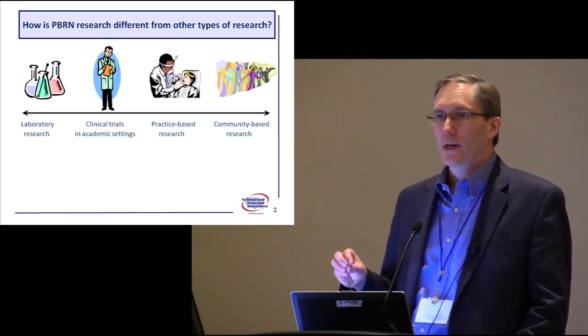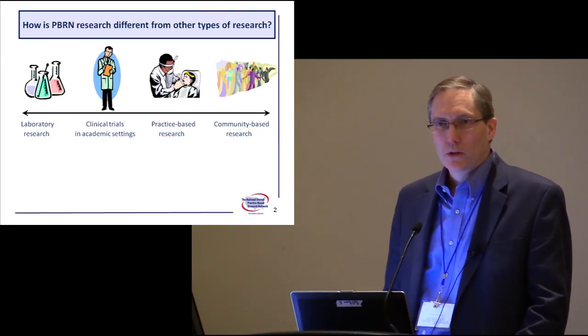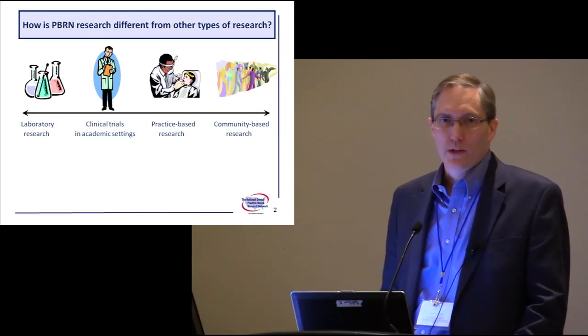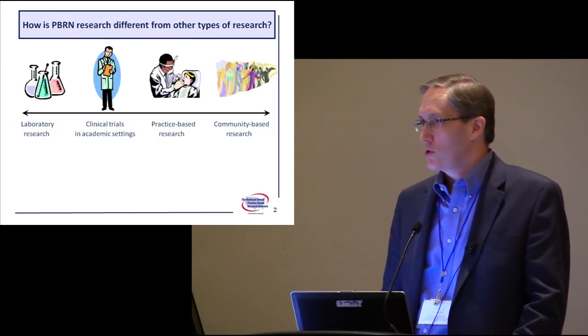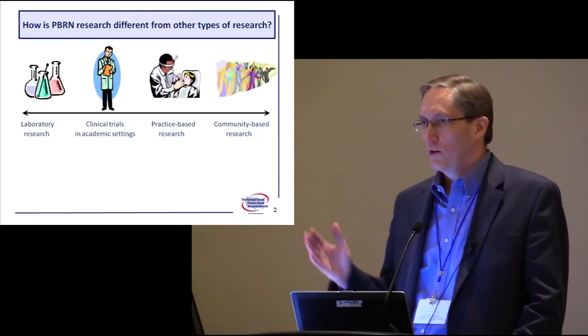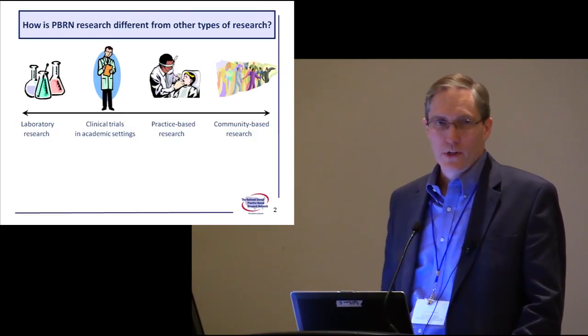So does it work in the real world? The take-home message is that every one of these research contexts has important strengths, and every one has significant limitations. So if you want to advance a research agenda overall, you're probably going to need to engage all 4 of these contexts.